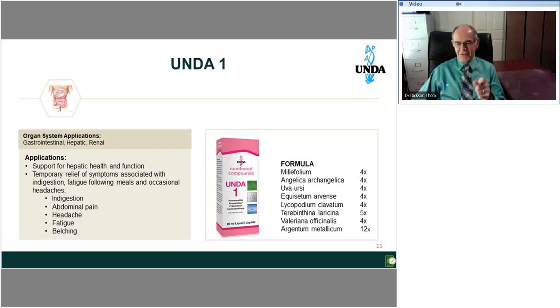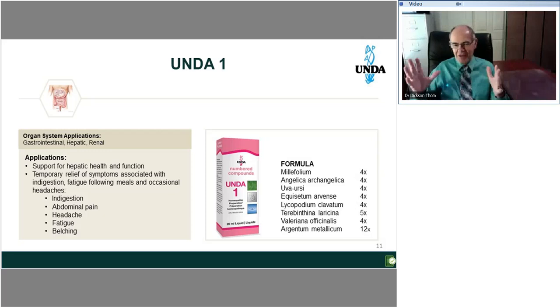a single energetic imprint. And if we were to take a Kirlian photograph of the energetic imprint of that UNDA number, it's very specific. If we were to take Angelica out or Equisetum out, it obviously would be different. But not only that, and this is truly the trade secret, and that's why UNDA has no trouble sharing the formula with you, because they know that you will not be able to figure it out, because of the infinite number of possibilities of how you can mix and match this many elements.